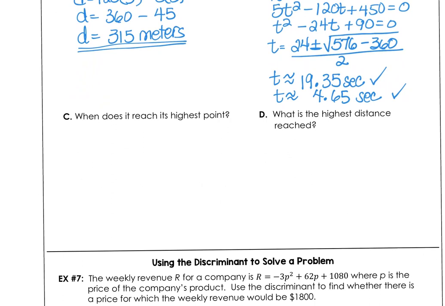When does it reach its highest point? Well, that's the time. And the time would be our x value, opposite b, divided by 2a.